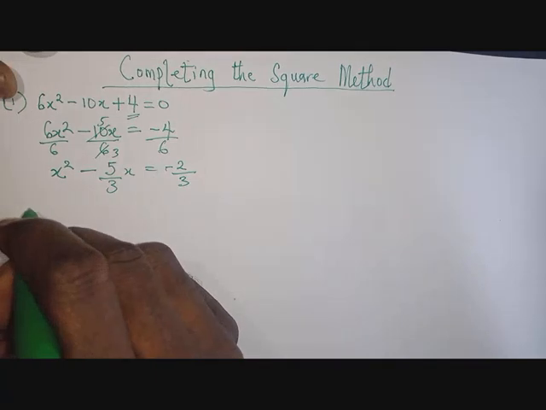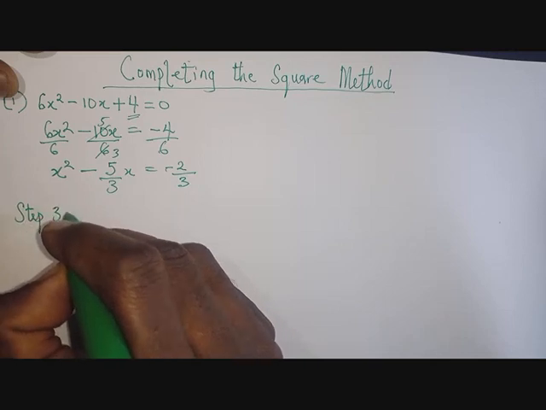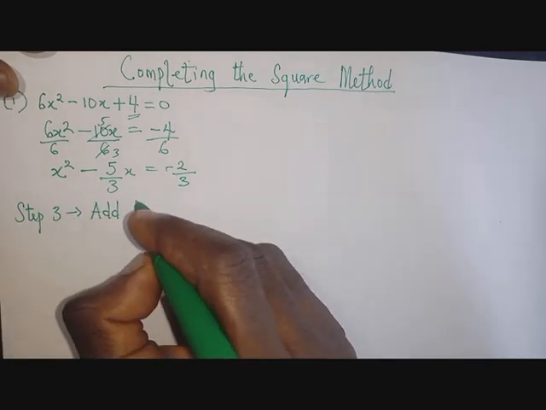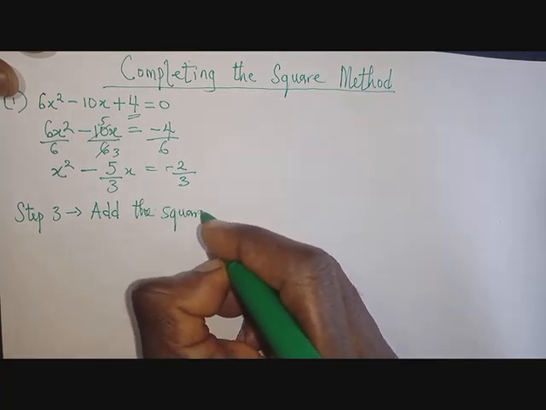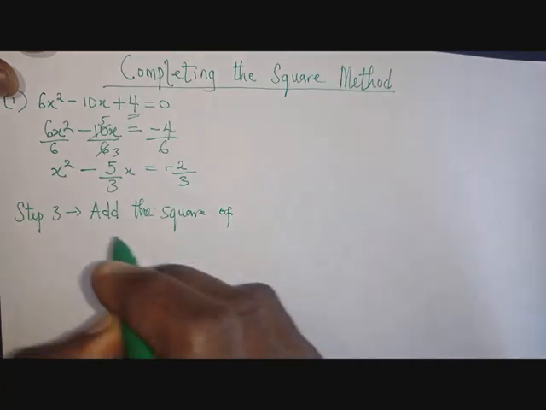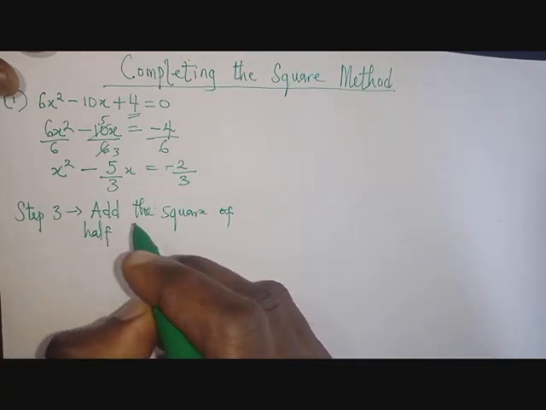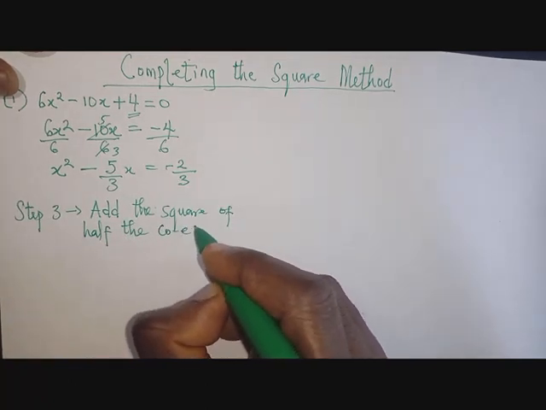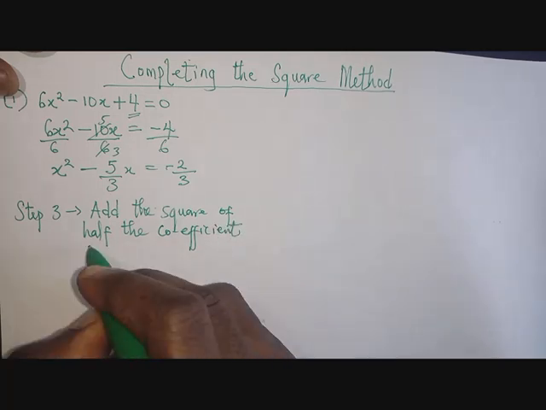The third step, step 3, is add the square of half the coefficient of x.